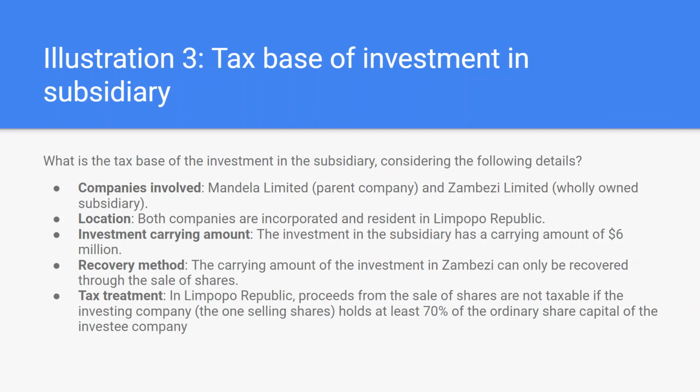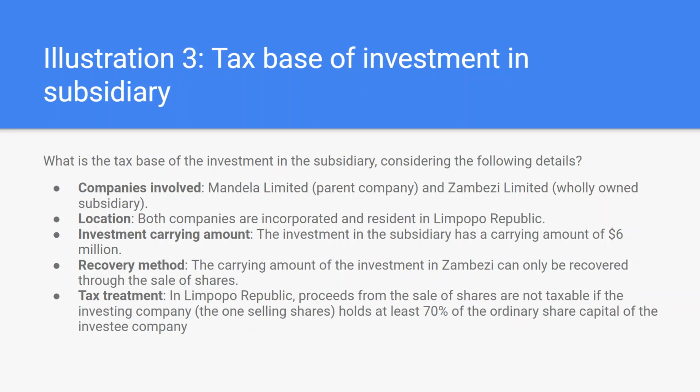So let's go to illustration 3. It talks about the tax base of investments in subsidiary. So it talks about a company, Mandela Limited, and another company, Zambezi Limited. Mandela is the parent of Zambezi, and Zambezi is a wholly owned subsidiary. On location, both companies are incorporated and resident in Limpopo Republic.